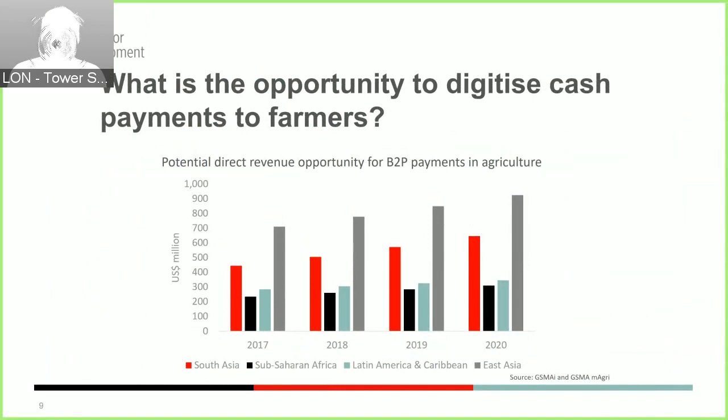This is how much revenue they could generate, provided they benefit from an enabling environment, for example, an enabling regulatory environment with suitable transaction limits to support business-to-person payments in agriculture, and also provided, of course, that the mobile money providers, MNOs, banks, or third-party providers, actually approach the digitization opportunity for business-to-person payments in agriculture, so exploit this opportunity fully.